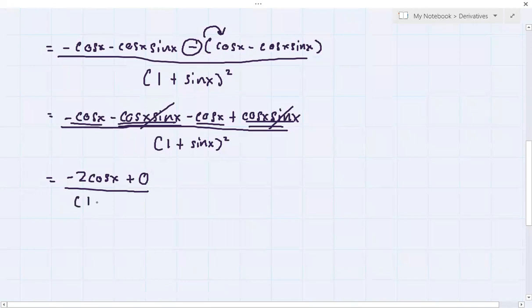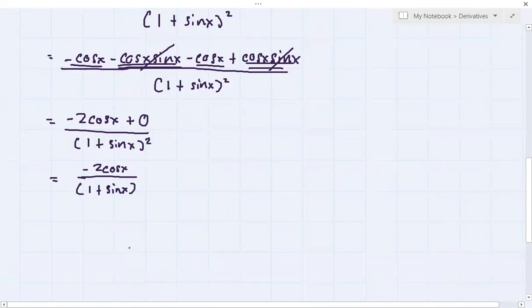So, in the denominator, we have 1 plus sine x raised to 2. So, our answer here is negative 2 cosine x all over the square of 1 plus sine x. Then, to be more accurate, let's place the negative sign on the side. So, it becomes negative quantity 2 cosine x all over the square of 1 plus sine x.